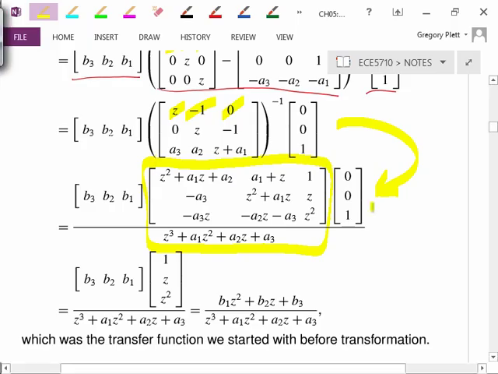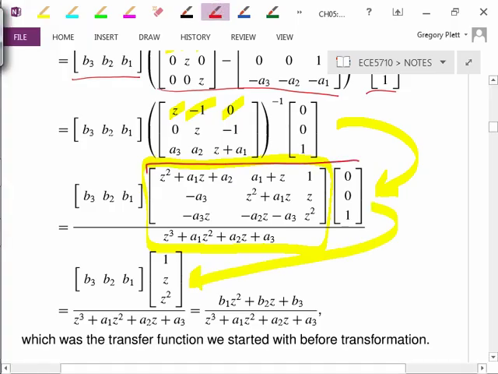To get from here to there, I chose to do this multiplication first because there's a structure. That multiplication says the product is 0 times first column, 0 times second column, 1 times third column. So the output is simply 1, z, z squared. That was a lot easier to do than multiplying with the B's first.